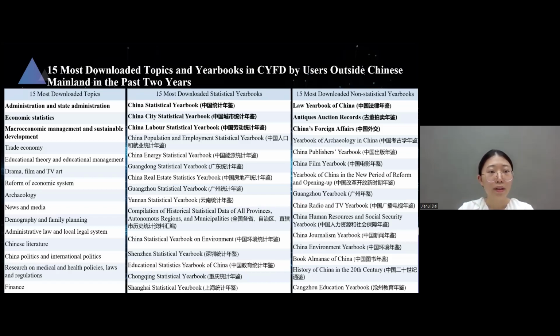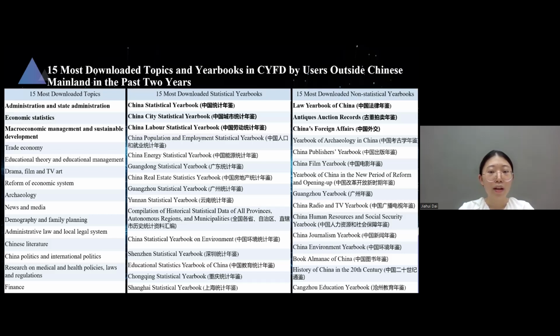The 15 most downloaded topics include administration and state administration, economic statistics, macroeconomic management, sustainable development, trade economy, educational theory, and educational management.